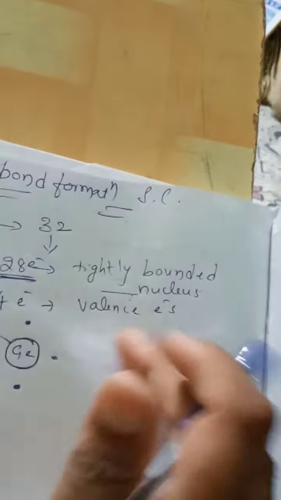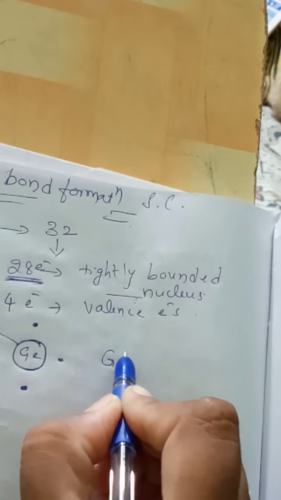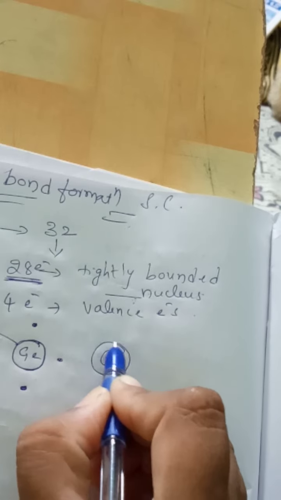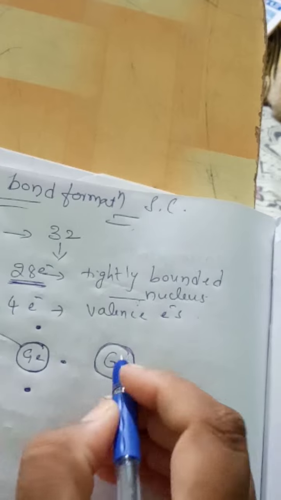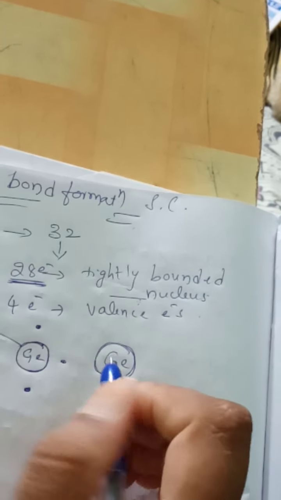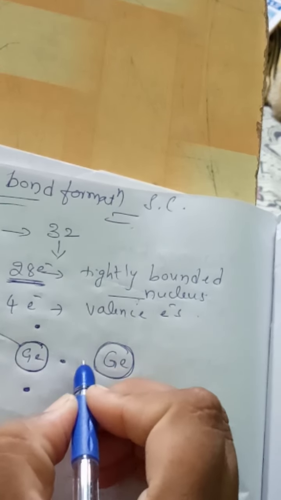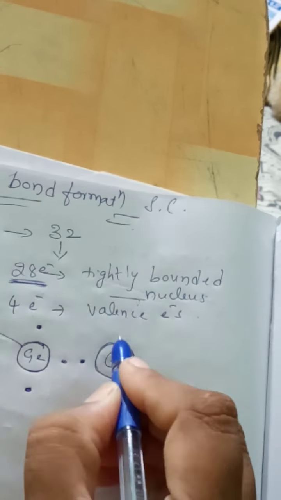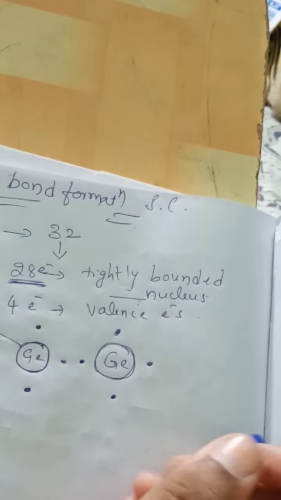Now let us bring another germanium atom near the first germanium atom. The circle which I draw is the positive ion core formed due to 28 electrons which are tightly bound to the nucleus, and these are the 4 valency electrons attached to this ion core.